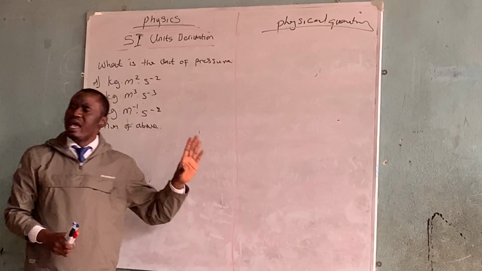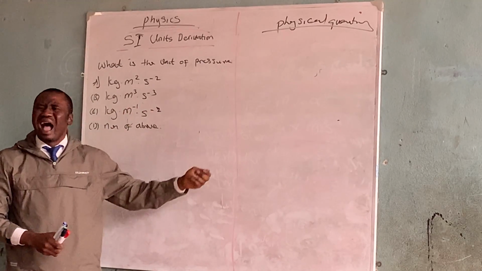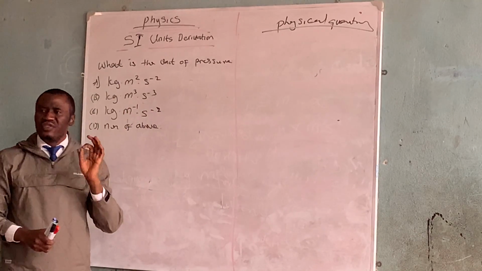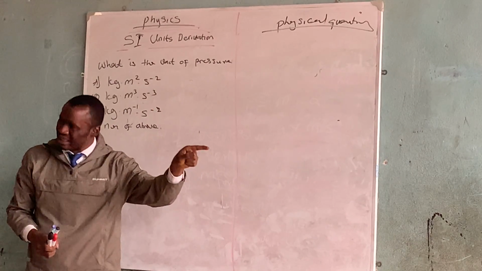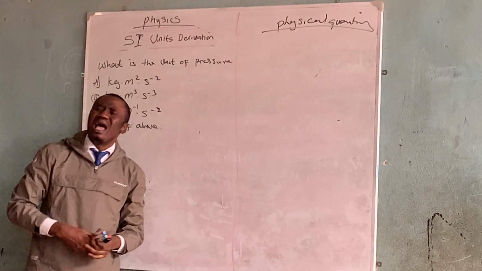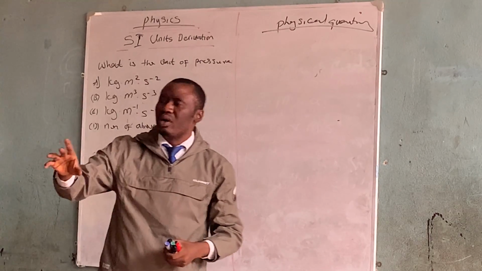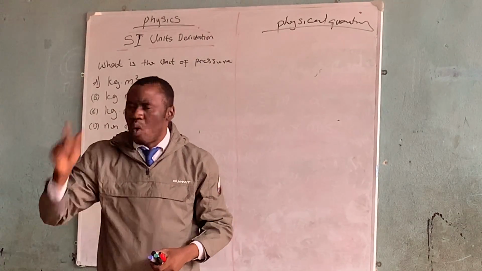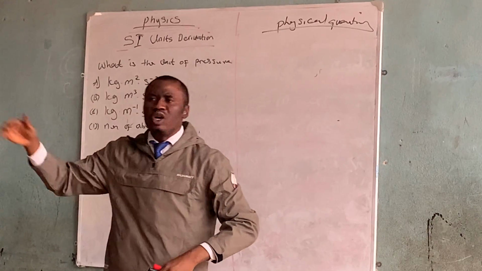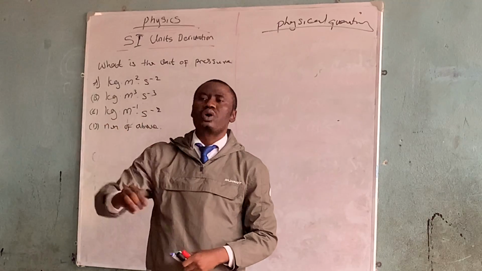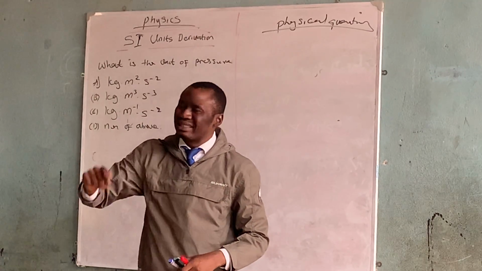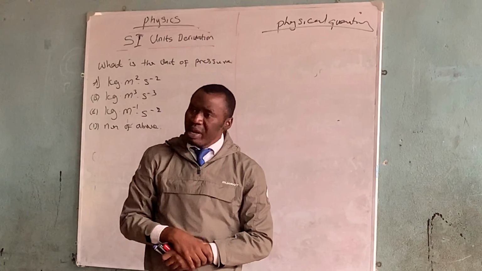In this class, we will understand how to derive these units from the physical quantities. You cannot study physics without physical quantities. From chapter 1 to the end of your physics textbook, you will find physical quantities.